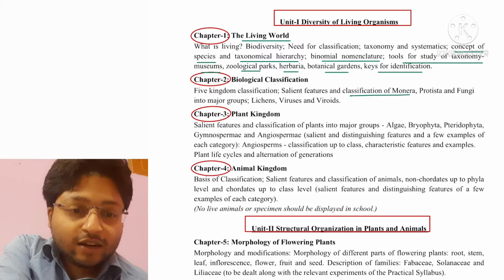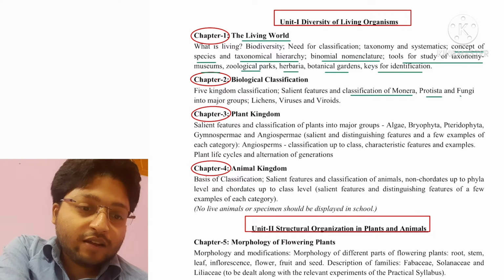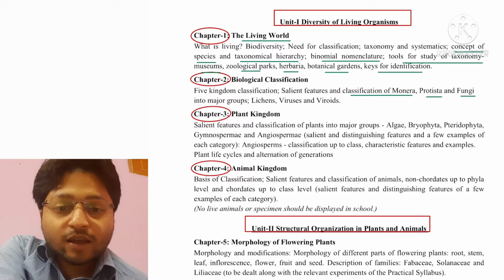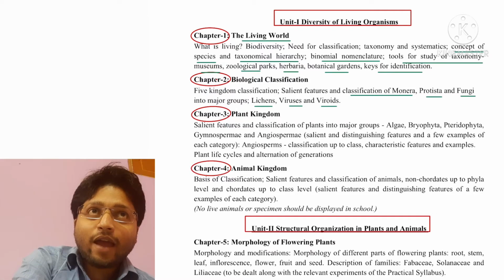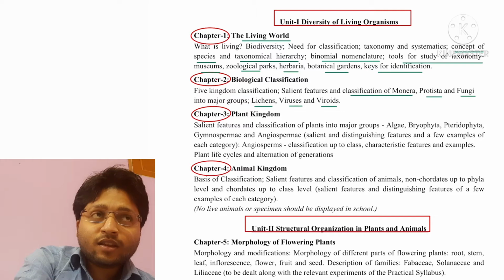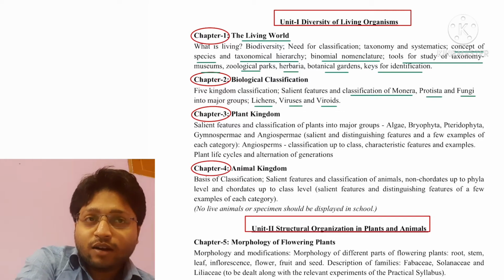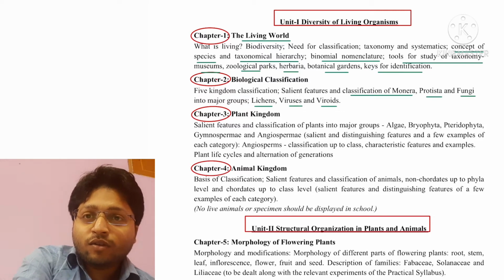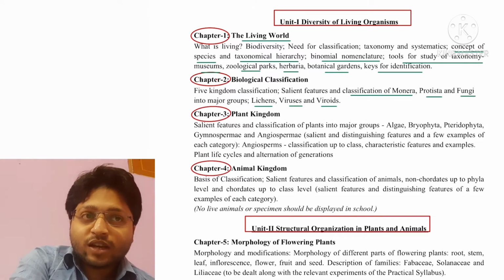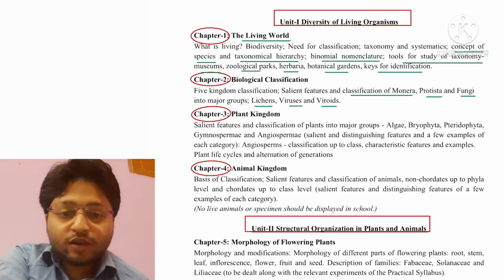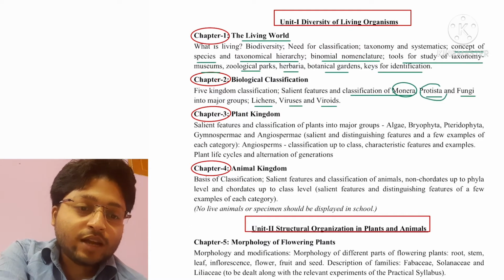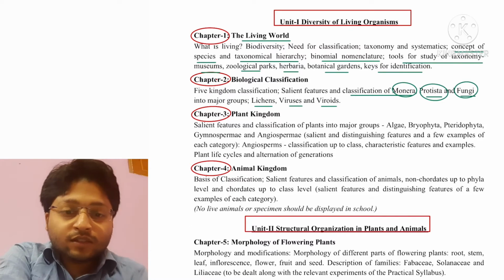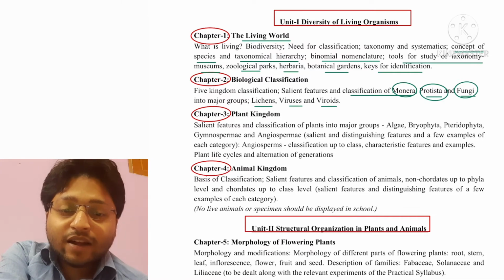This chapter contains classification of Monera, Protista, fungi and some other major groups like lichen, virus and viroids. According to the 5 kingdom classification, all the living world is categorized into 5 kingdoms: Monera, Protista, fungi, plantae and animalia. So in chapter 2 you will learn about Monera, Protista and fungi.